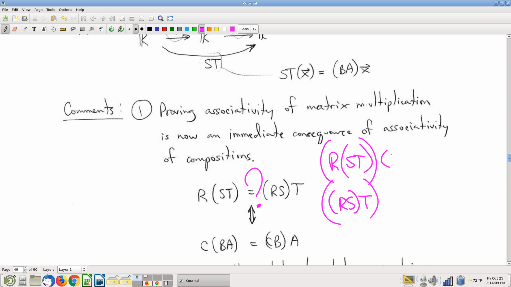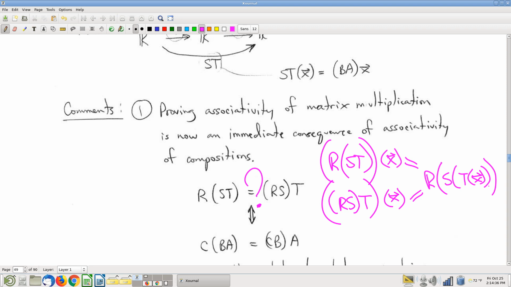So let's plug in the same thing into both and see what we get. And it's pretty easy to see that in both cases you get R of S of T of X. Done. Right? Keep in mind, multiplication of linear transformations is just composition.